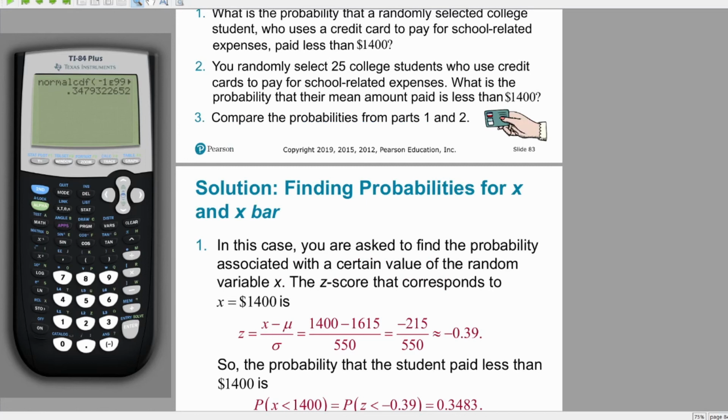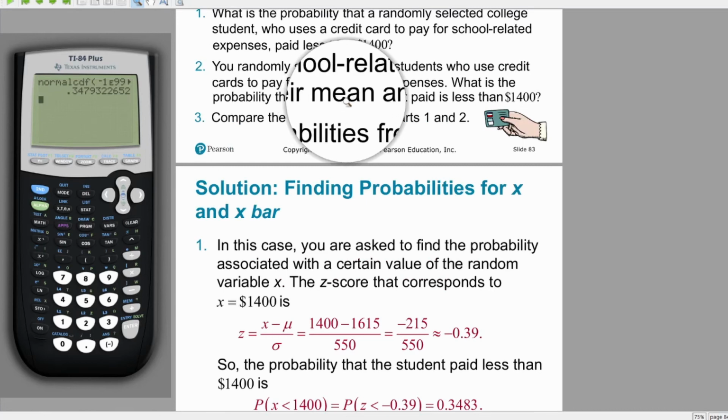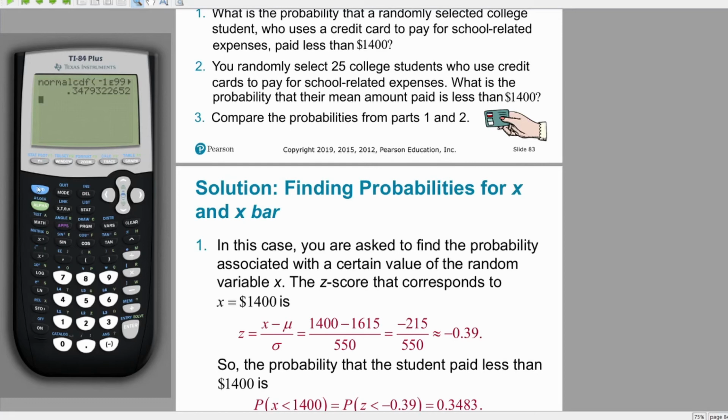Meanwhile, if we instead talk about this in terms of a mean amount, one big thing is going to change in our input, and that's going to cause a large effect on our output. We're going to go back into normal CDF. We're still going from negative infinity to 1,400, and our mean of sample means stands just as well with our mean of 1615, but our standard error here is not just the standard deviation.